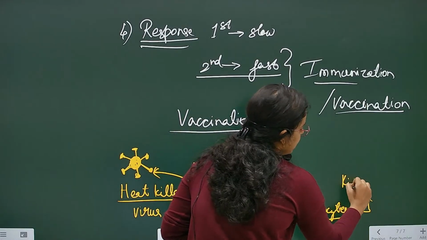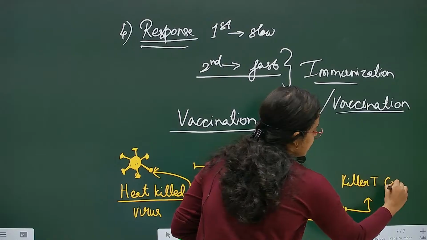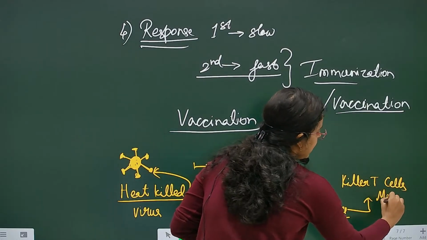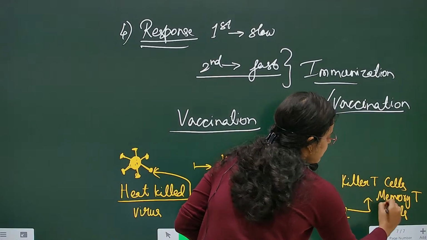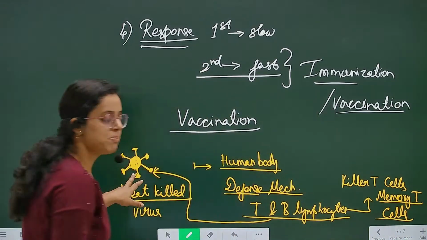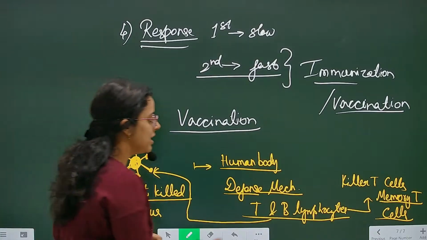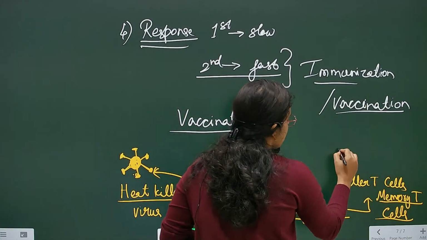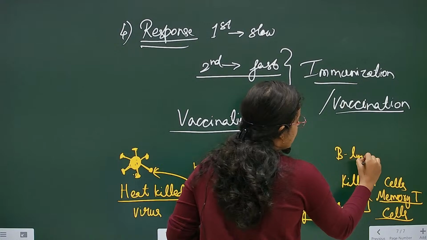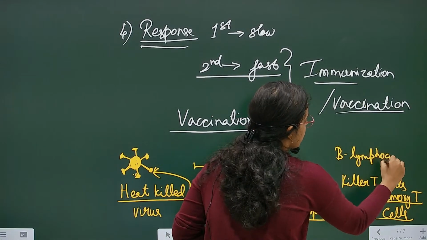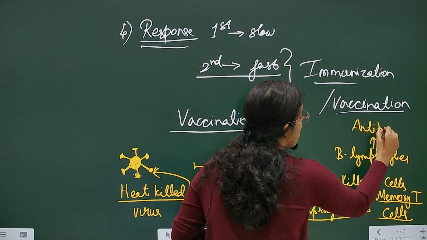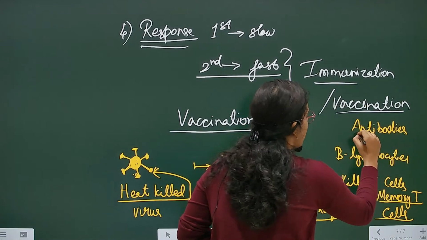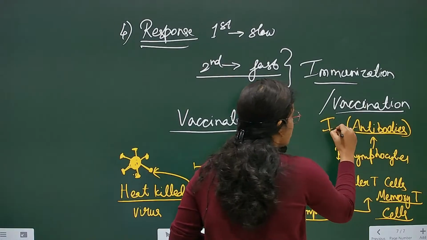They form killer T cells and memory T cells, which means these memory T cells will keep the memory of this virus. Killer T cells are formed, and what else? B lymphocytes will produce antibodies, or immunoglobulins, Ig.